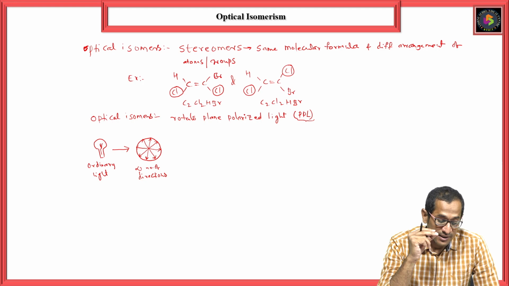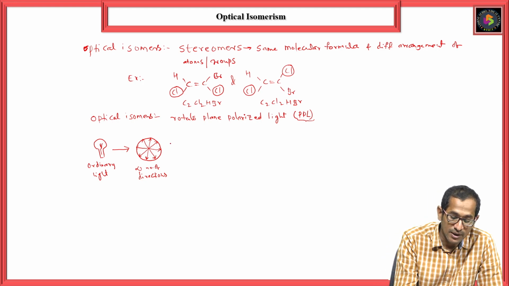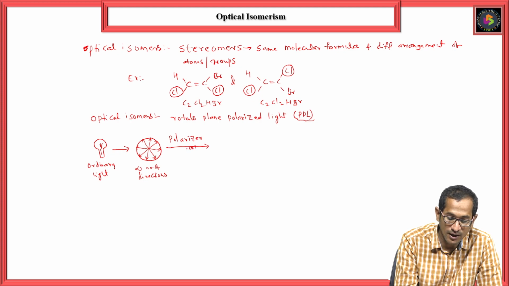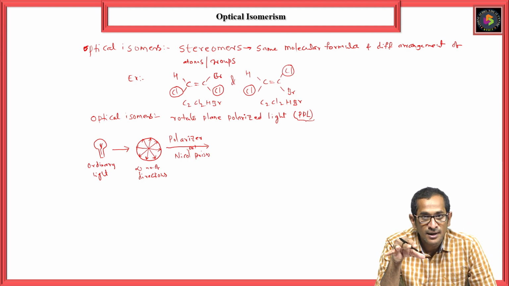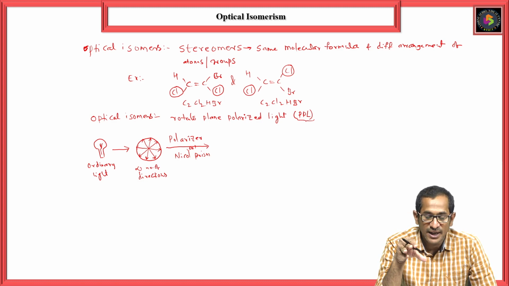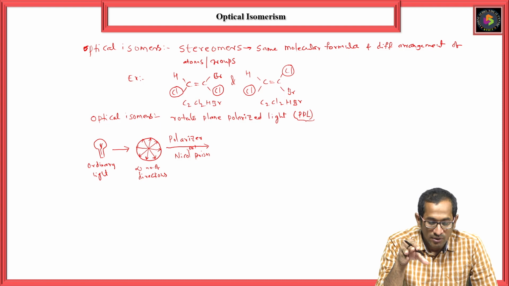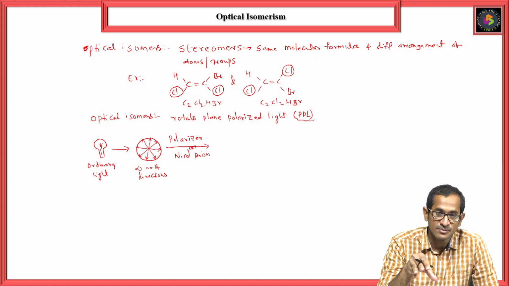These infinite number of directions then pass through a polarizer, or Nicol prism. Now this ordinary light beam, which oscillates in infinite directions, is passing through a polarizer or the Nicol prism.